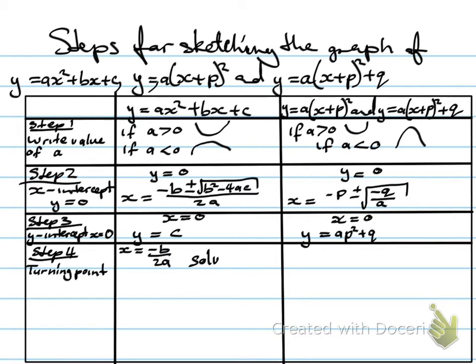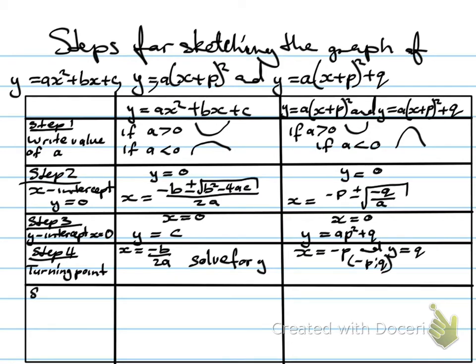Then you can solve for y, substituting the value of x into the equation and solving for the y coordinate. For the completed square format, x will be equal to negative p. So you take the value of p, multiply it by a negative, and that will be the x coordinate of your turning point, and then your y coordinate will be y equals q.